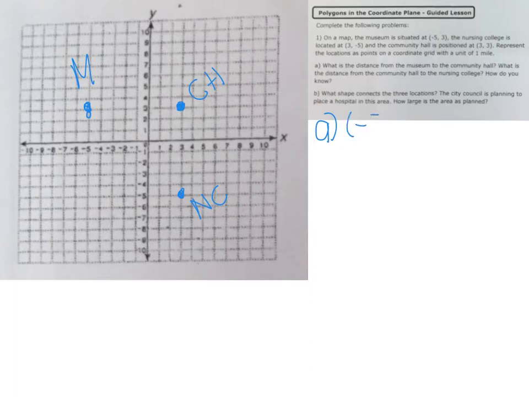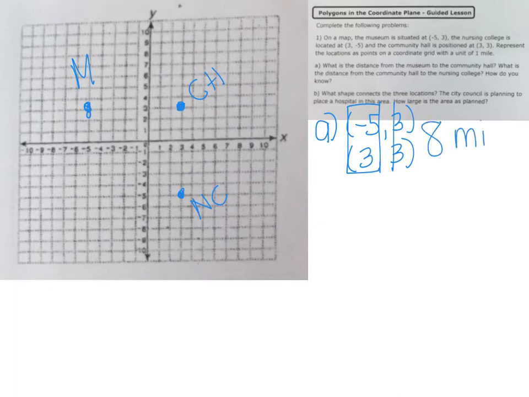So I have -5, 3, and 3, 3. So these are the same. Here's my differences. So I need to find the total of 5 plus 3, so our absolute values. So that means they are 8 miles apart.